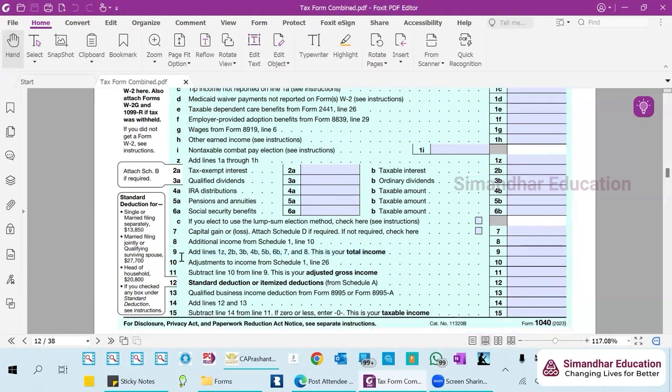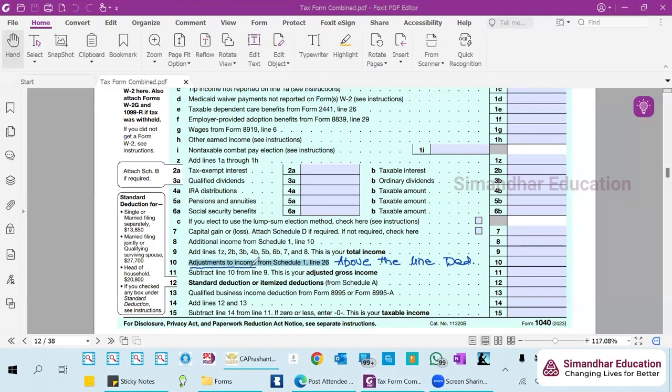Then I have adjustments to my income, and these are called above the line deductions, adjustments to income.